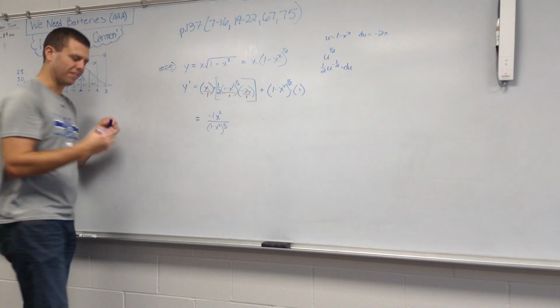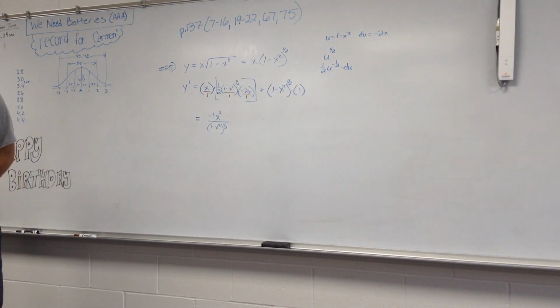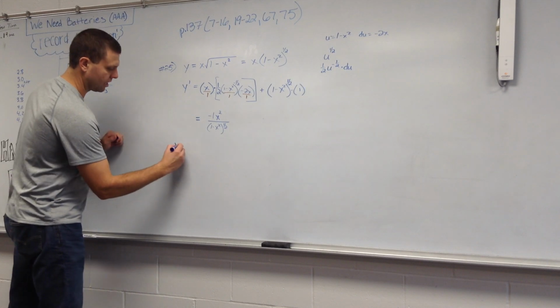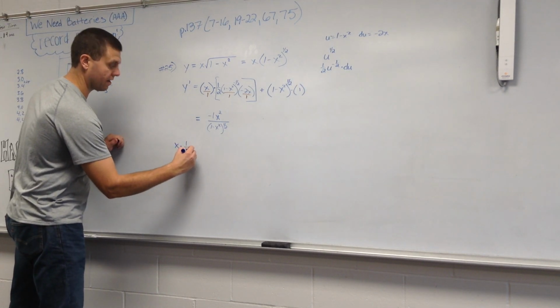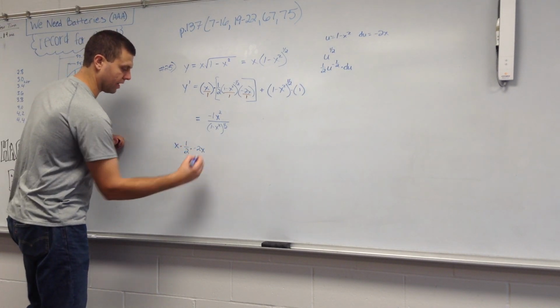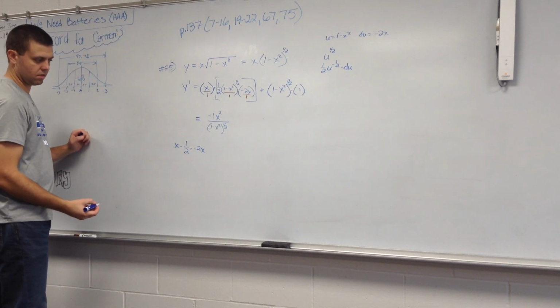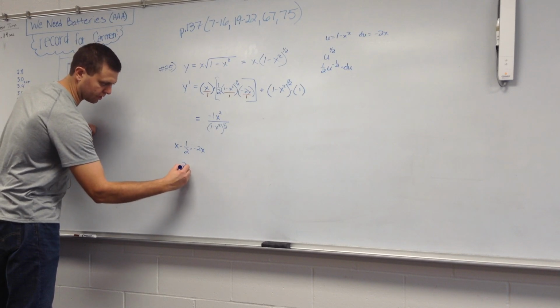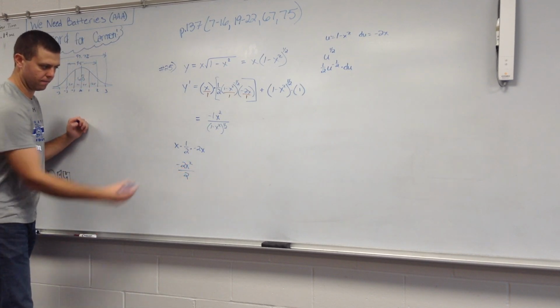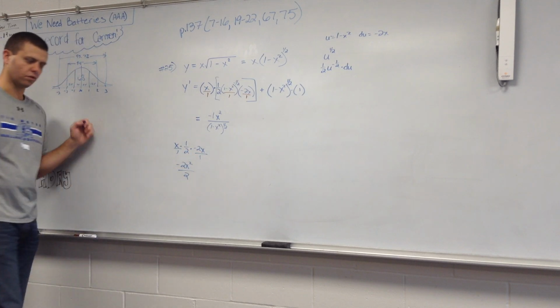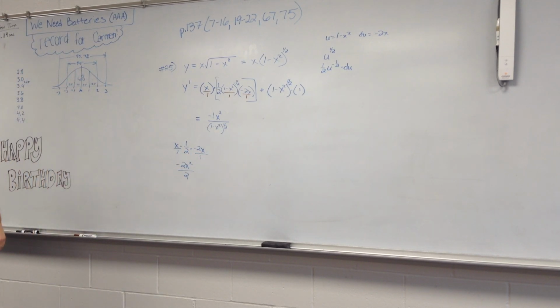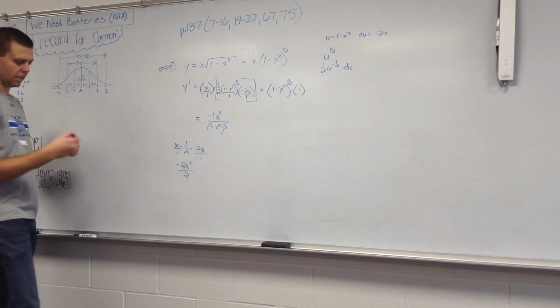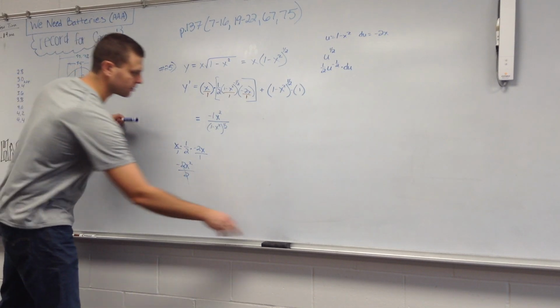So really you just have a negative x squared on the top. If I take x times 1/2 times negative 2x, you get negative 2x squared over 2. For those of you giving me funny looks, I skipped a step on top. The 2's cancel each other out, and that gives me negative x squared.